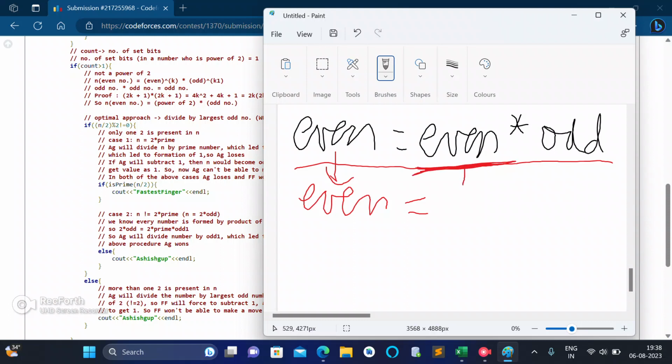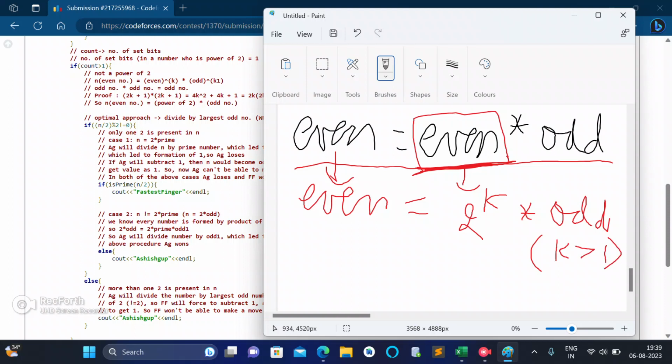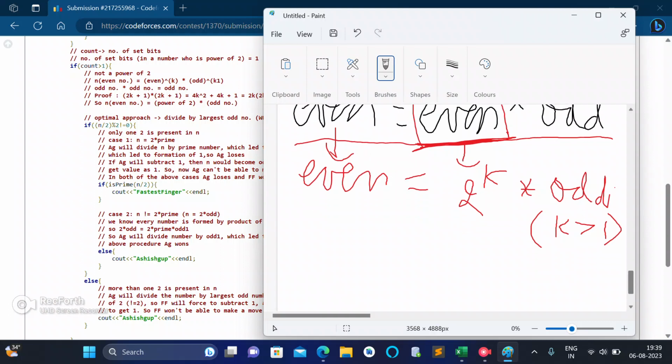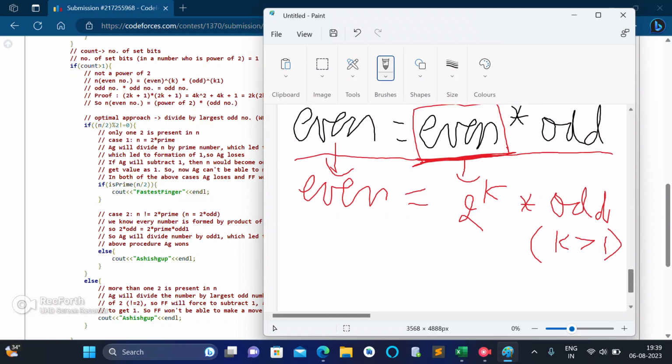The first way: as the number is even, this number, which I am now marking with a red rectangle, can be expressed as 2 raised to the power k, where k is some number, and the other factor is an odd number. Here let's make the case that k is greater than 1. So what are the other cases left to us?